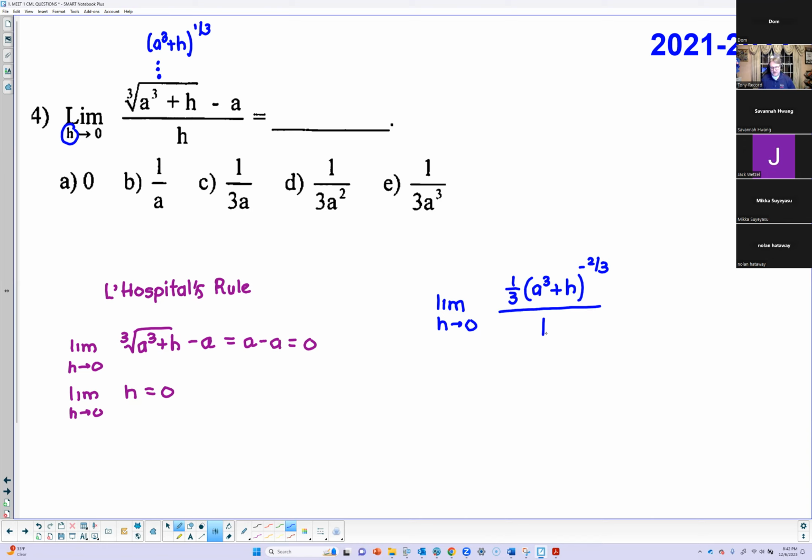Can we plug in 0 for h now? We're going to try. And we get 1/3 a cubed to the negative 2/3 power. And then does that match an answer choice? Not yet, but if you keep working on it, multiply exponent to exponent, maybe rearrange things a little bit, and it will be one of those answer choices, I promise.